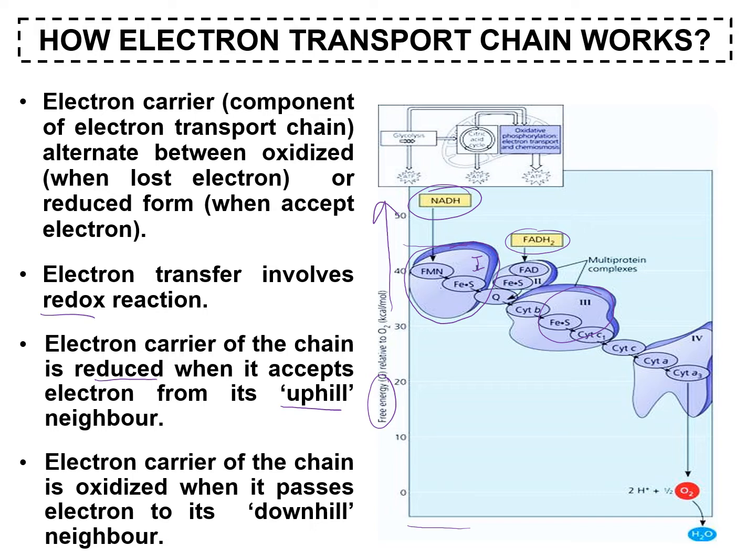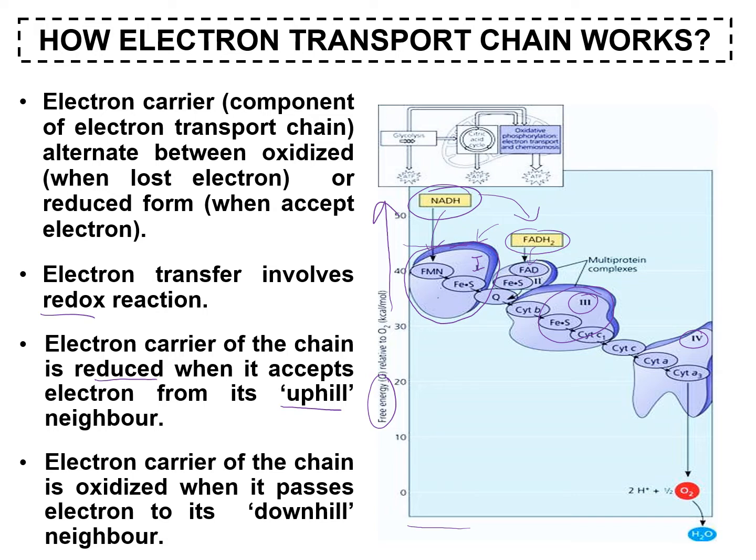Complex 1 has a higher energy level than complex 2, and complex 2 higher than complex 3, and complex 3 higher than 4. NADH and FADH2 also have different energy levels. That's why NADH is able to pass the electron to the first complex, while FADH2 is unable to pass to the first complex. Instead, it will pass the electron directly to complex number 2.